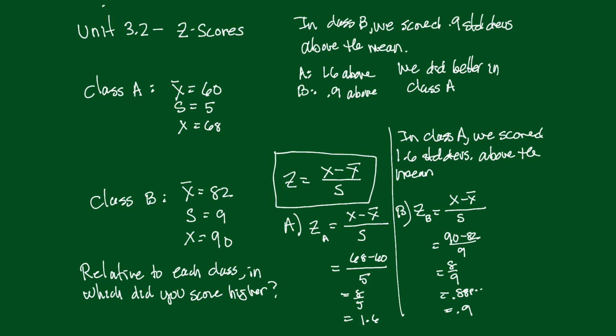So what we've done here is use the z-score to compare two different things, in this case, two different classes. The z-score is a measure of position. It measures how far above or below the mean we are in terms of standard deviations.